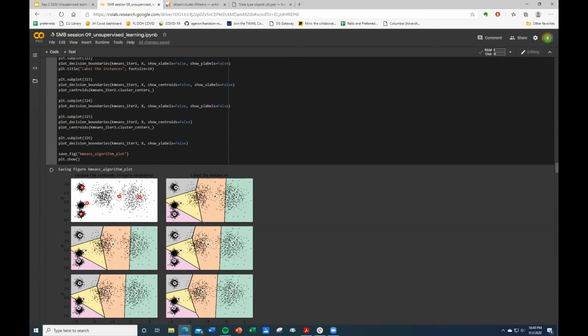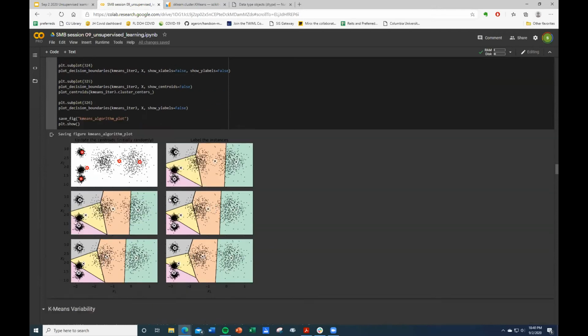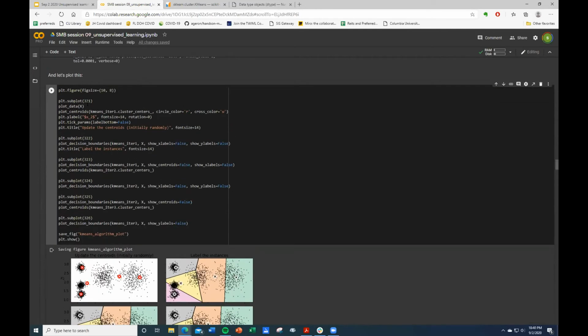Then we're going to apply that data, because subplot 321 right here, it's the centroids. Plot number 322, we add the decision boundaries. So there's nothing really happening.